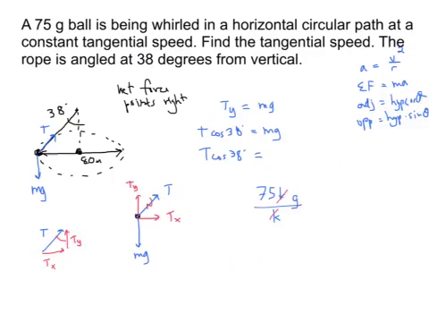The kilos effectively cancel. But instead of adding a kilo on bottom and a kilo on top, I'm going to add a kilo on top and 10 to the 3, which is equivalent, on the bottom. To get to kilograms, I have to divide by 10 to the 3, divide by 1,000, and that gives me, as my mass, 0.075 kilograms.